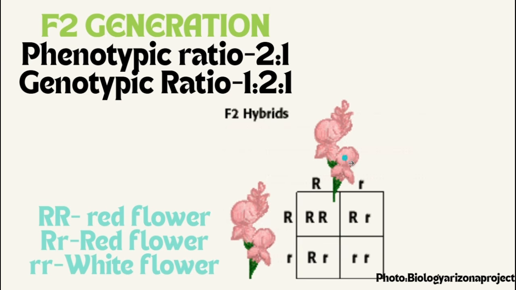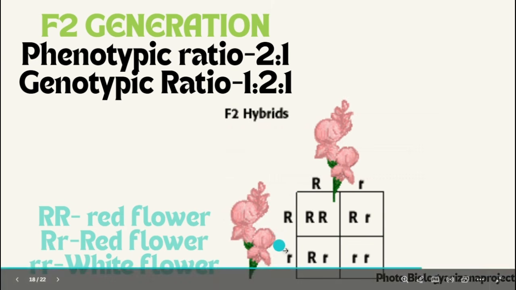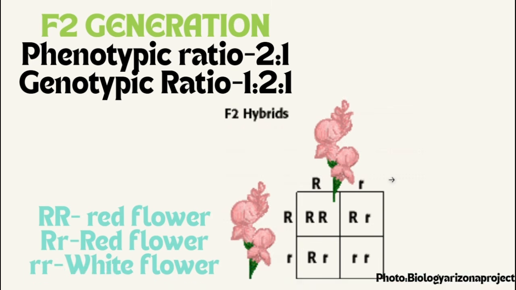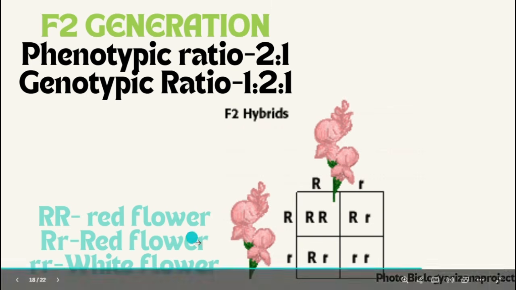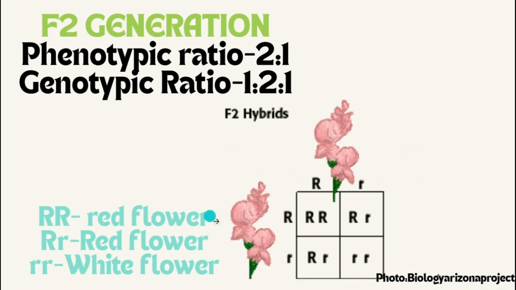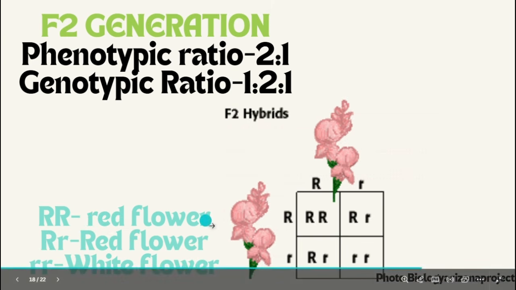Now when we go to the second generation, a heterozygous crosses with another heterozygous. In this case, big R is for red flowers, big R little r is also red flowers, and little r little r is for white flowers. Red is the dominant trait, and both big R genotypes code for it. Little r is white flower, which is recessive.